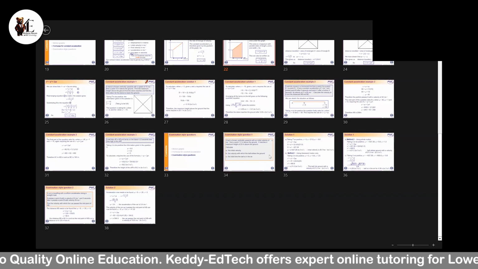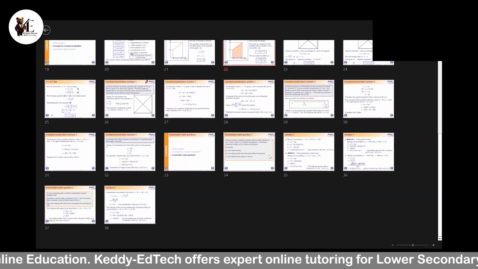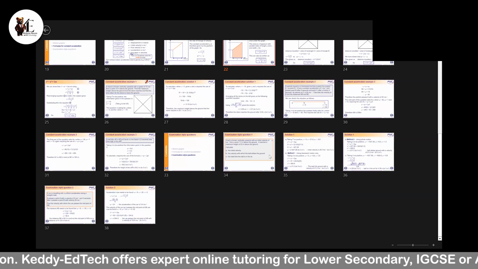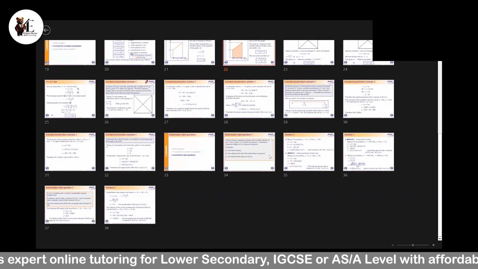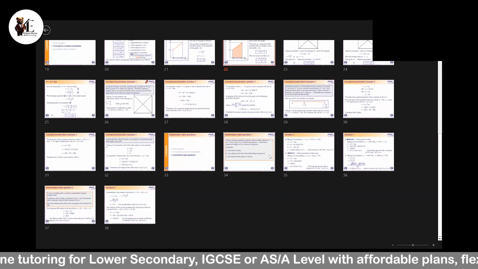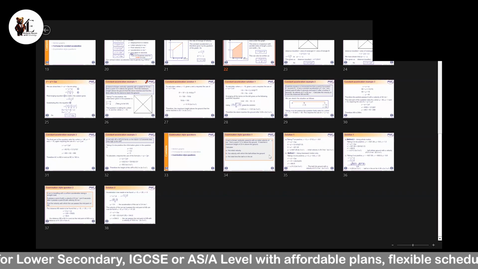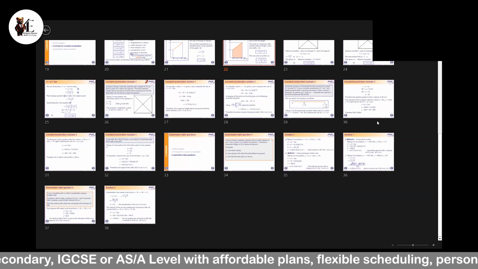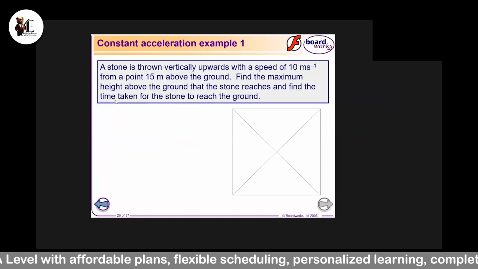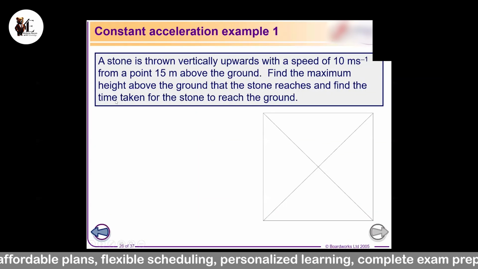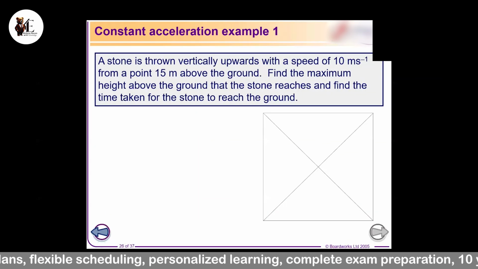So probably no, the derivation part is not a part of your syllabus. So we'll directly go to the numerical part. Okay. So let's go for an example. Please see this example and try this, everybody.